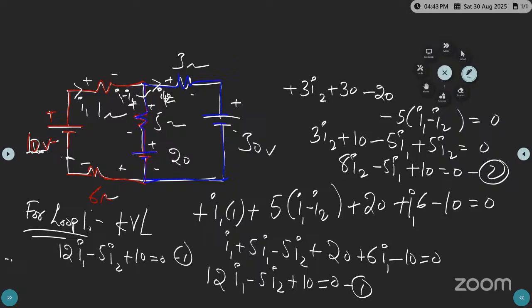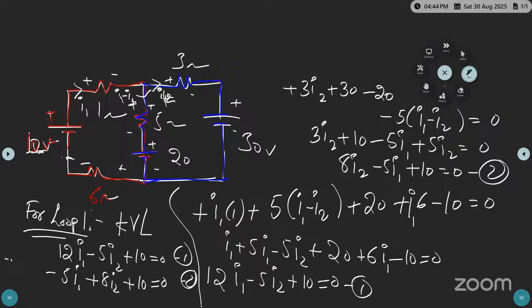Second equation, minus 5I1 plus 8I2 plus 10 is equal to 0.